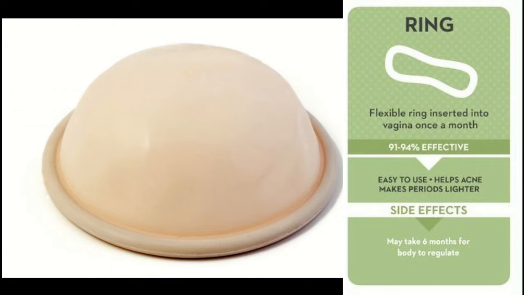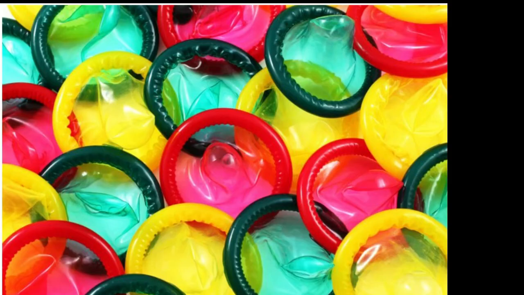This is 91 to 94% effective. This diaphragm or the ring can shift. You understand? It can shift and can result in pregnancy. So the woman will change it every month.